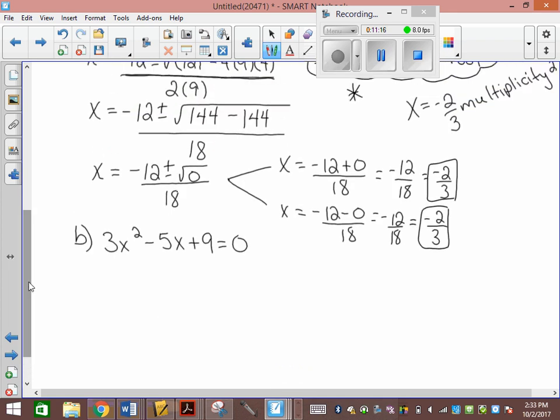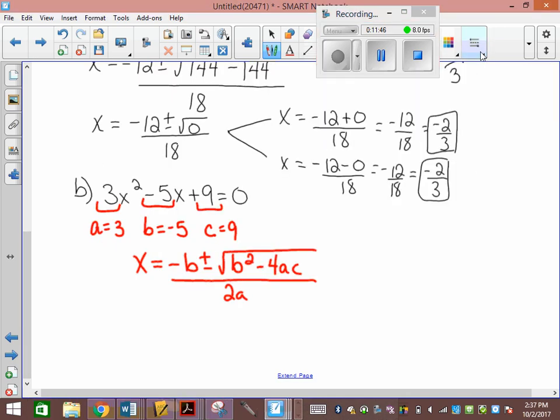So the very first thing we need in order for us to use the quadratic formula is we need it to be in a, b, and c, ax squared plus bx plus c form, right? The signs can be positive or negative, that doesn't matter. So we know that a equals 3. We know b equals negative 5. And we know c equals 9. Please fill it into the quadratic formula. See how you do.